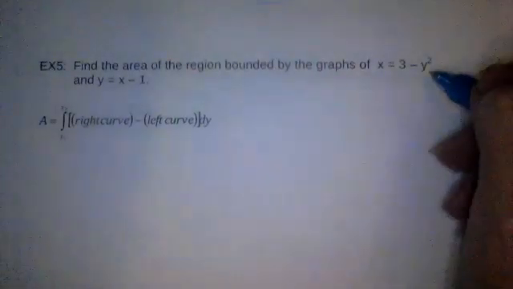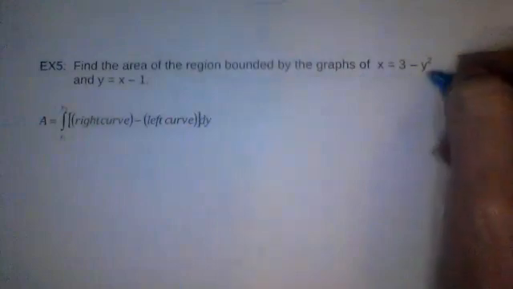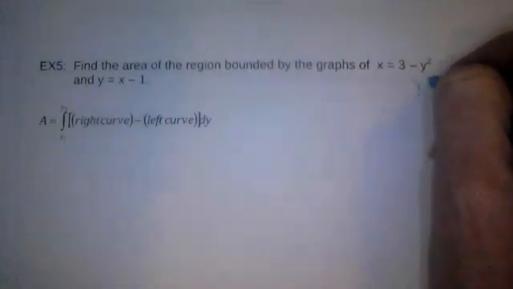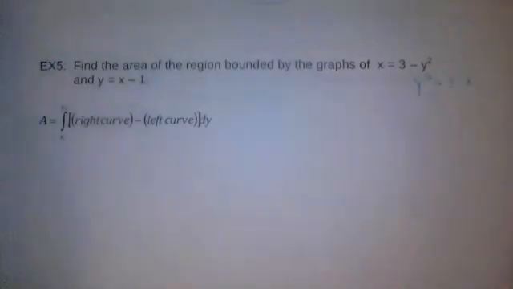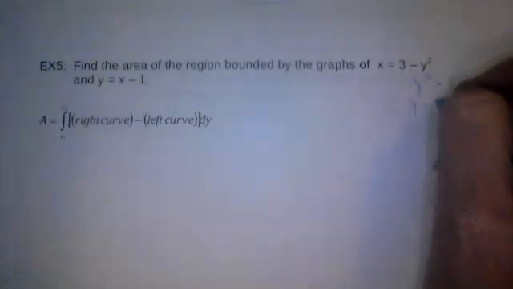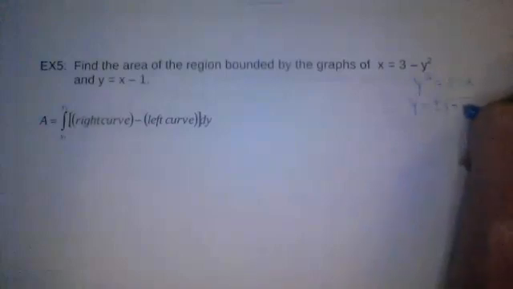So what I'm going to do, just to show you what the graph looks like, is go ahead and rearrange this into y equals. If I move my y back to the other side so that it's positive, I have positive y squared equals 3 minus x. So y is going to equal plus or minus the square root of, I'm going to rearrange these, negative x. I think I'll go ahead and pull the negative out.